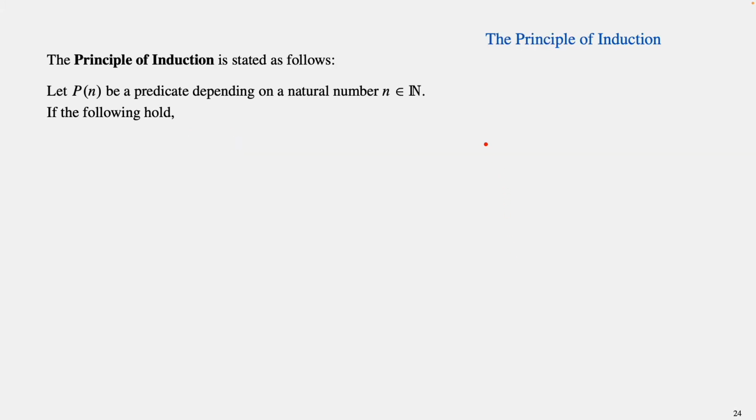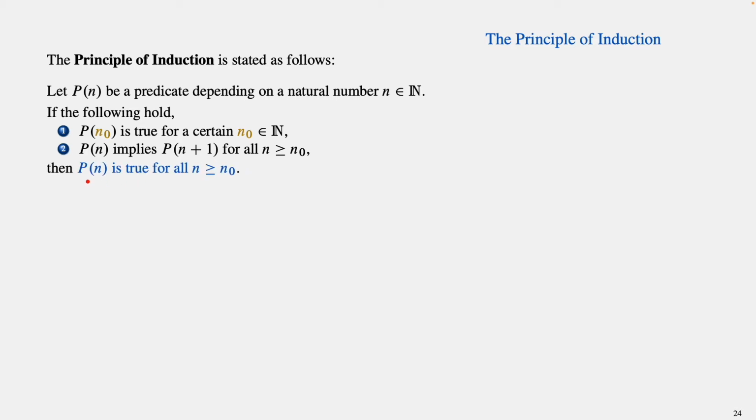And proofs by induction work because the principle of induction holds, and this one is stated as follows. P(n) is some predicate depending on a natural number n, and if the following hold: firstly, P is true for a certain initial value n0 in the natural numbers, and secondly, if P holds for a certain natural number n, then it also holds for the next natural number n plus 1.